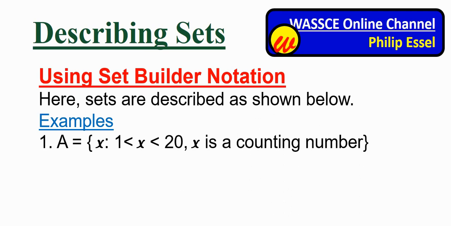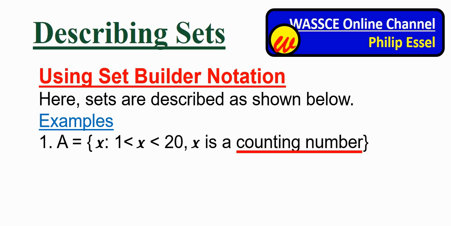So first, from this set notation, we know that x is a counting number. Now a careful look at the notation reveals that x is greater than 1 and also x is less than 20.